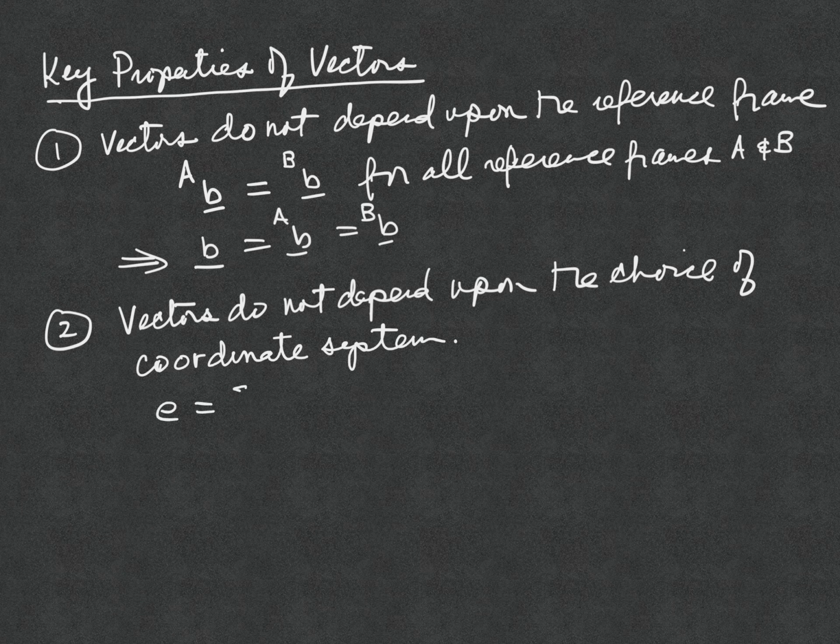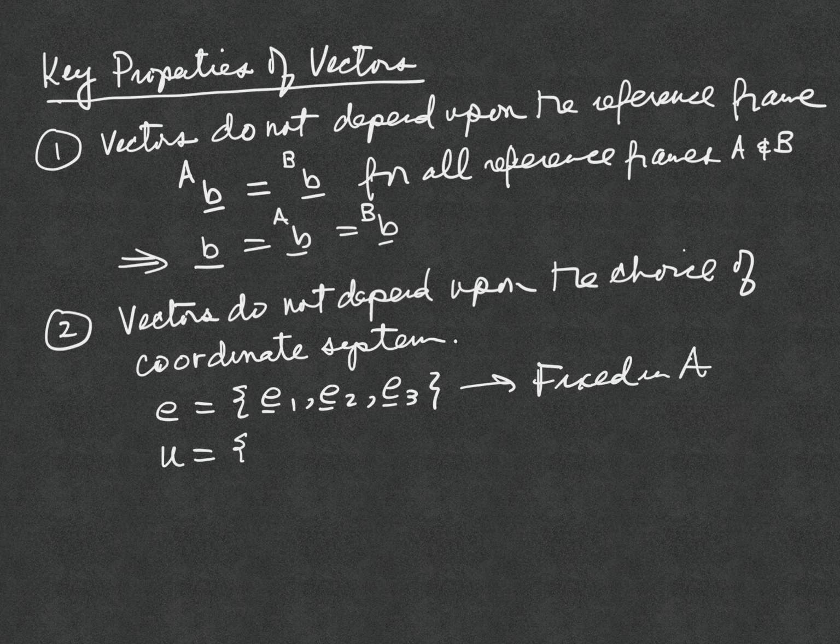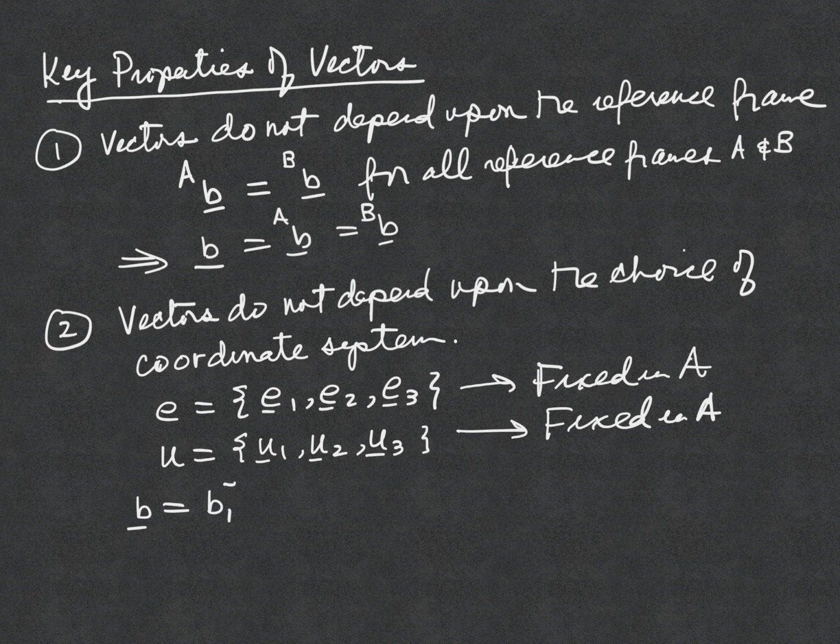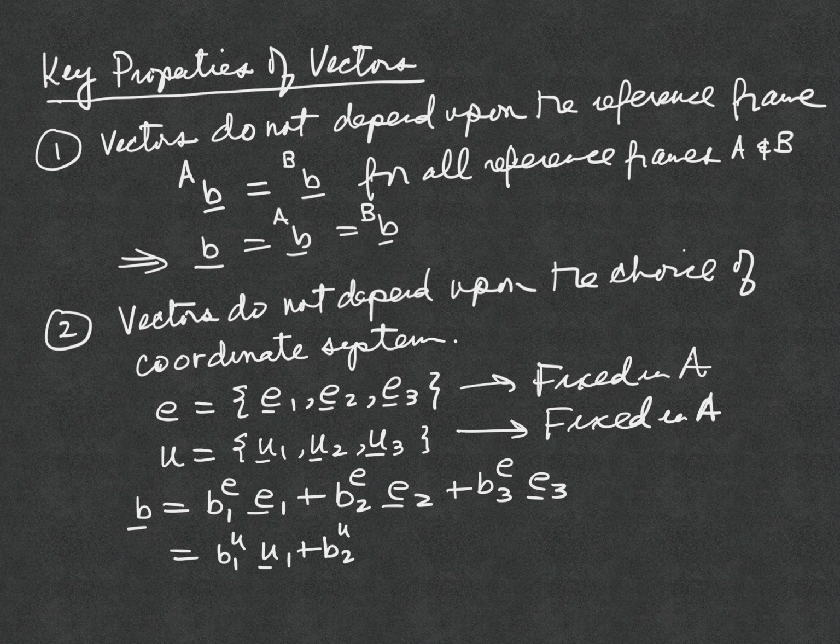We've got E, which is E1, E2, E3, and it's fixed in A. But we also have another basis, I'm going to call it U, which is U1, U2, U3, and it's also fixed in A. Then B is equal to B1E E1 plus B2E E2 plus B3E E3, which is equal to B1U U1 plus B2U U2 plus B3U U3.